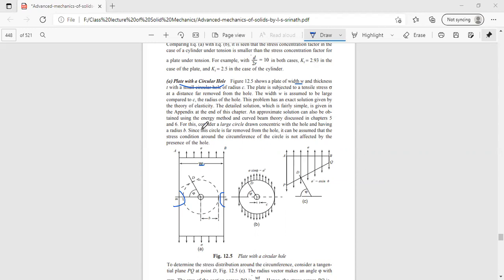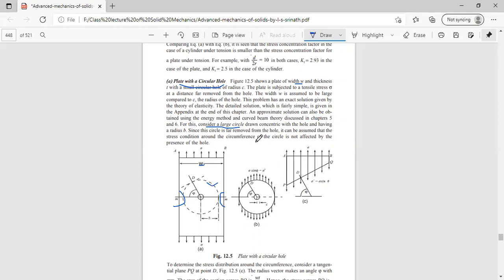Now, what we are assuming is a large circle drawn concentric with the hole and having a radius B itself. This is the circle.